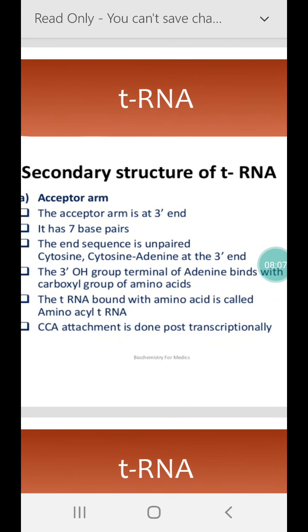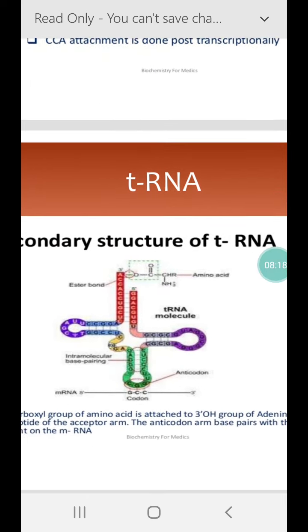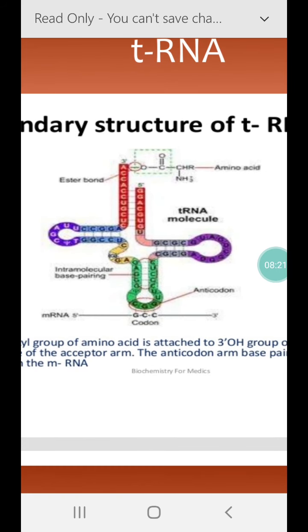The acceptor arm is at the 3' end, and it has 7 base pairs. So this is the clover leaf like structure of transfer RNA.